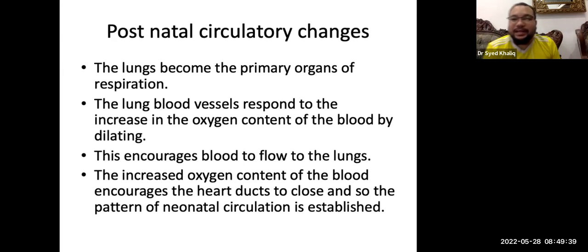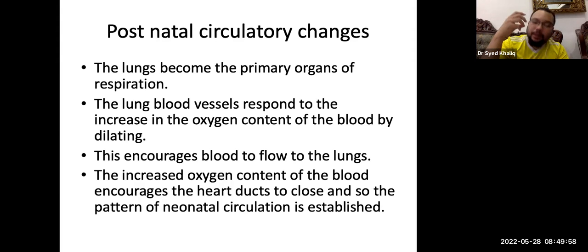So PPHN, persistent pulmonary hypertension of the newborn, which is a very complicated and very problematic disease. What happens is the pulmonary blood pressure remains high. Why?